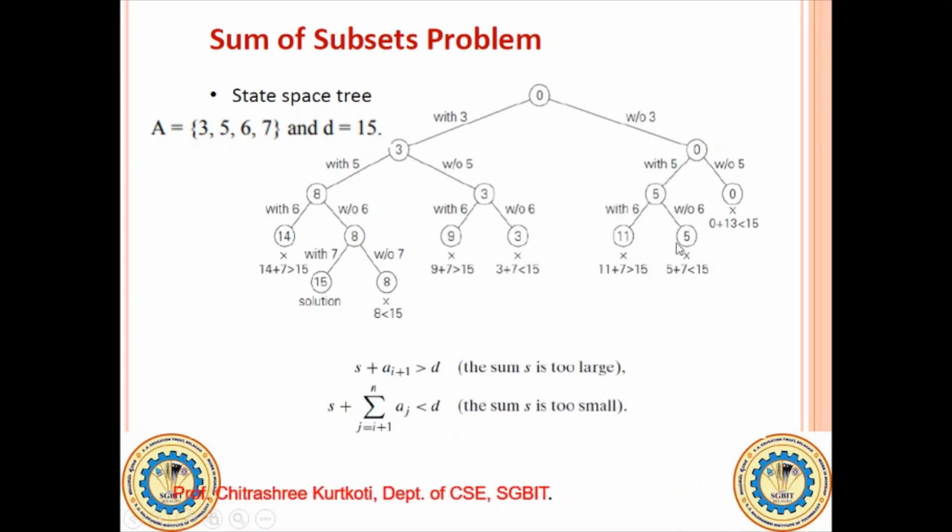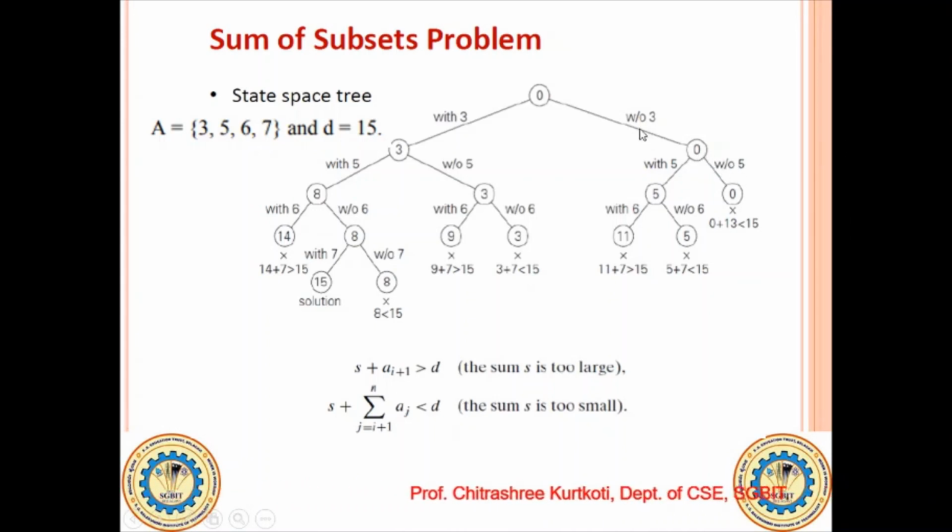So these two possibilities are with 5. Let us check without 5. So already without 3 we have considered, because this is the possibility with 3, and this is the possibility without 3. Hence the sum will be 0 only. This is the possibility where we are not considering the element 5. Hence, we have written here without 5.